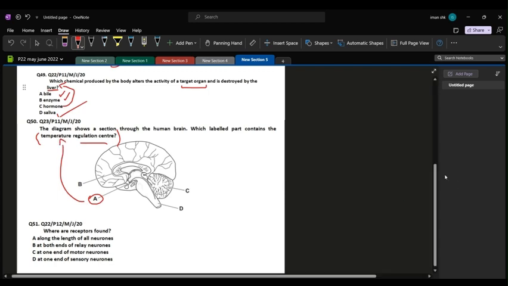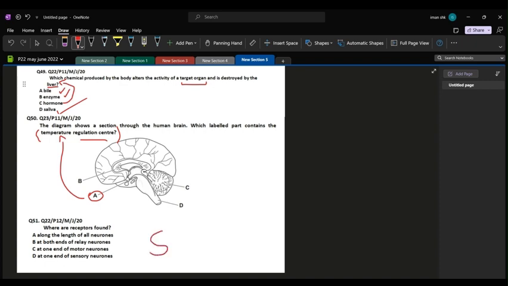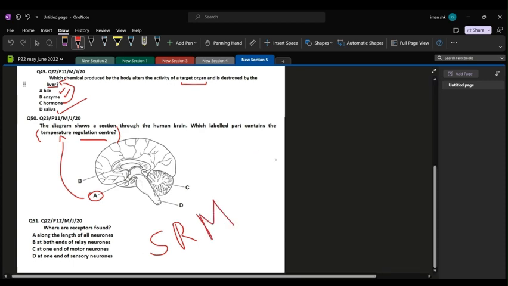Question number 51. Where are receptors found? Now, here's a very easy trick to remember that. You know how a reflex arc goes. Our receptors detect any stimulus, and by sensory neurons, that impulse goes to your spinal cord or to your brain, and then by relay neuron, which is the connecting neuron of the motor neuron and the sensory neuron, the impulse reaches the effector organ.